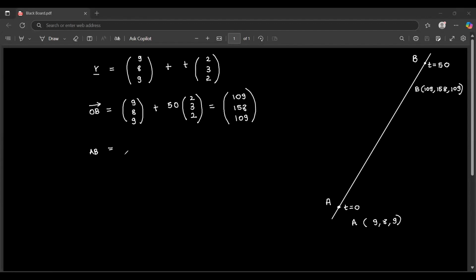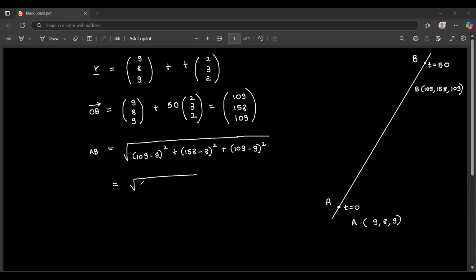So that will be equal to the square root of (109 minus 9) squared plus (158 minus 8) squared plus (109 minus 9) squared. That equals 100 squared plus 150 squared plus 100 squared.